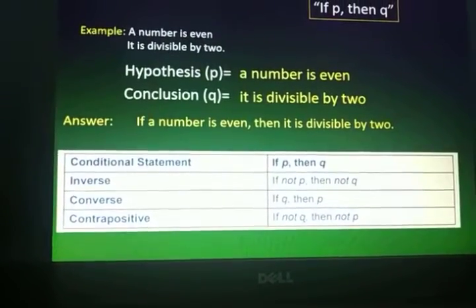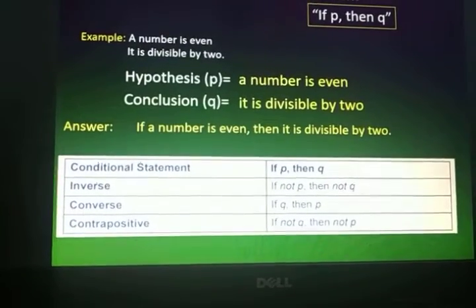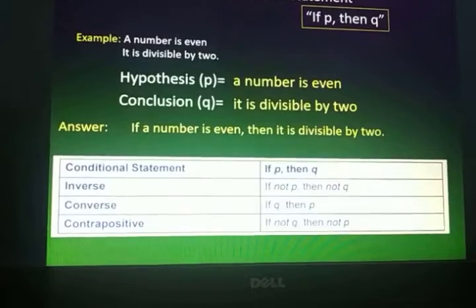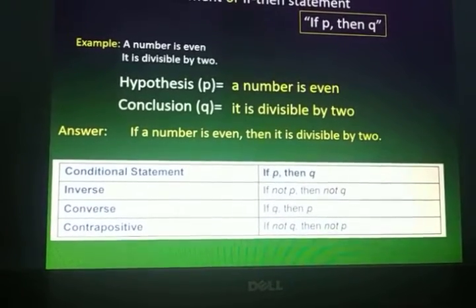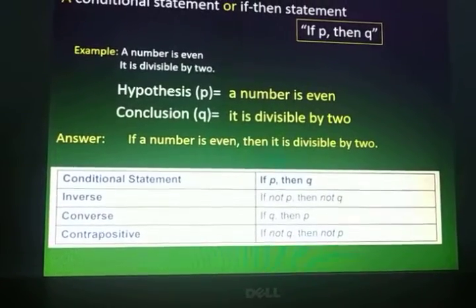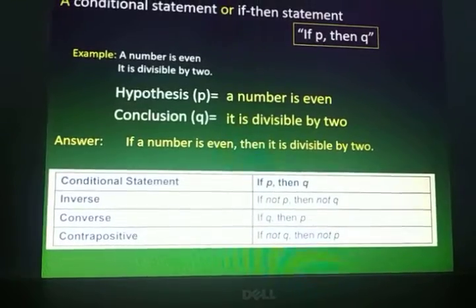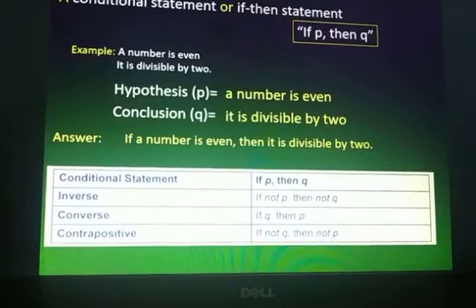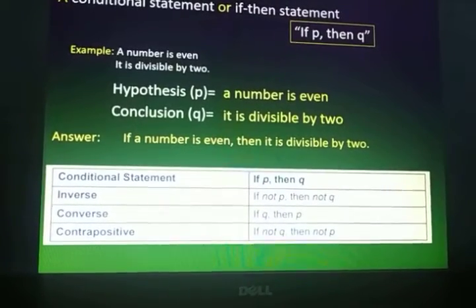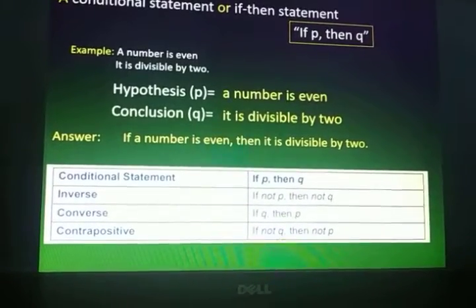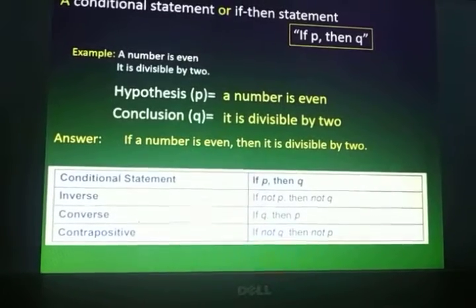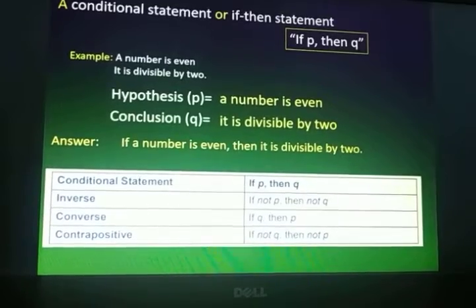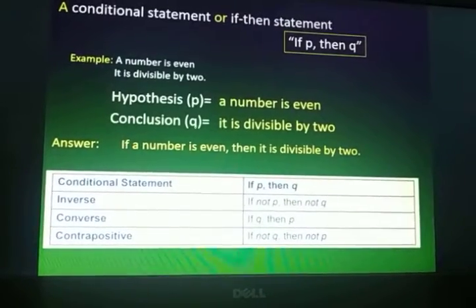This time, we will follow the pattern for the inverse. If not P, then not Q, because we know already about the conditional statement. Inverse is the negation or the negative of conditional statement. We add the word not or don't. Then next is converse. We follow the pattern if Q, then P. Converse, which means from the original conditional statement, we switch Q or conclusion first, then the hypothesis.